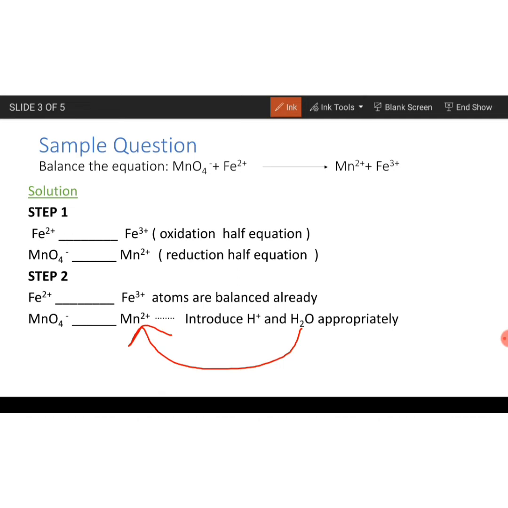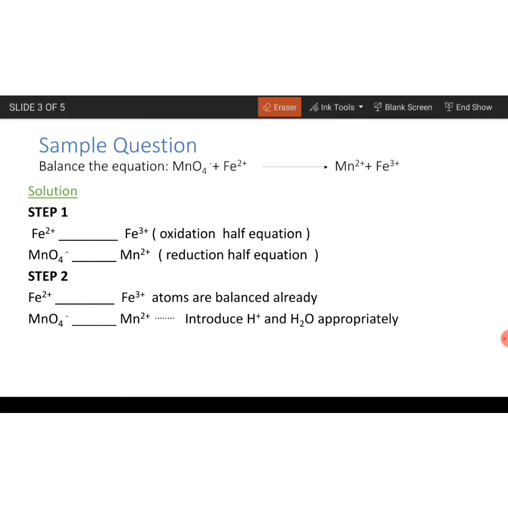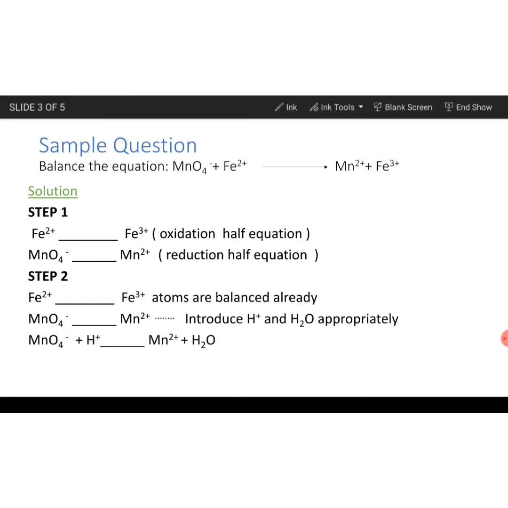Definitely we will also have to introduce hydrogen on the left hand side, and that is by adding our hydrogen ion. I hope you understand that. So we'll just erase that and we'll see our equation. So we have this. This is actually called tetraoxomanganate 7 ion, and we have gotten this by introducing our hydrogen ion and water molecule appropriately.